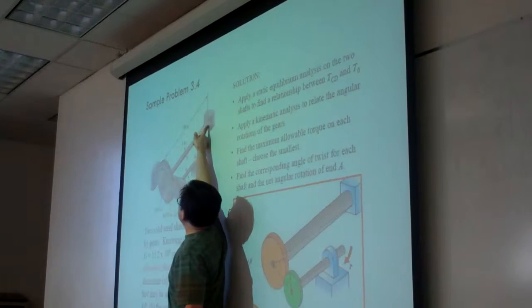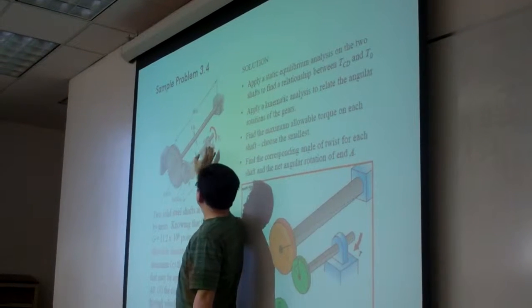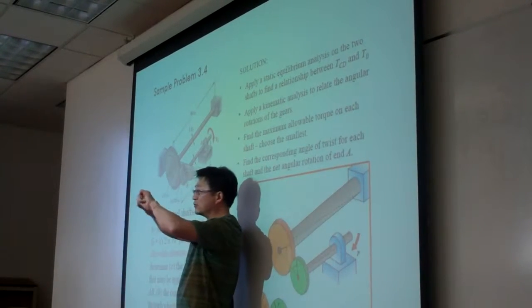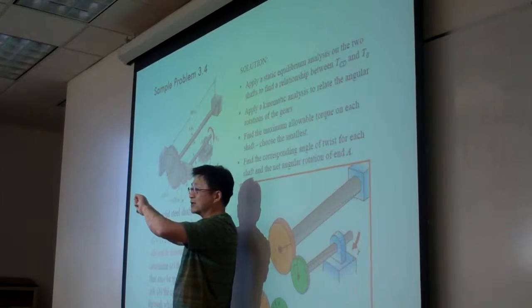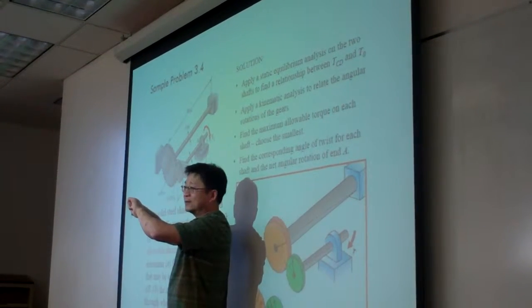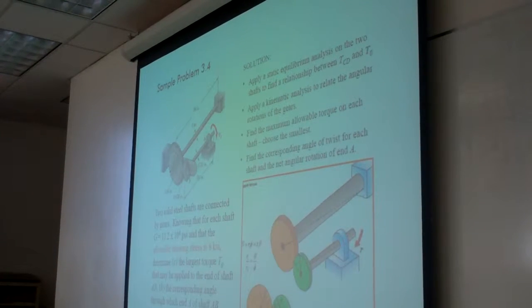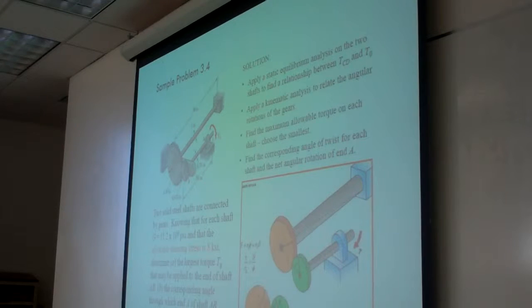This end is fixed, so once we apply the torque, everything rotates a little bit but locks in that equilibrium state. That is the feeling of this problem. Let me turn off this slide, and then we can do some calculations.